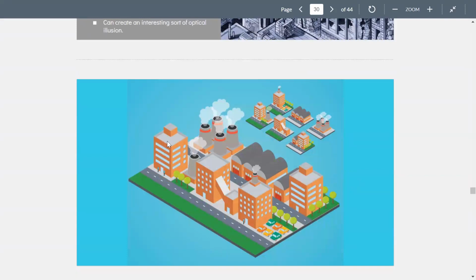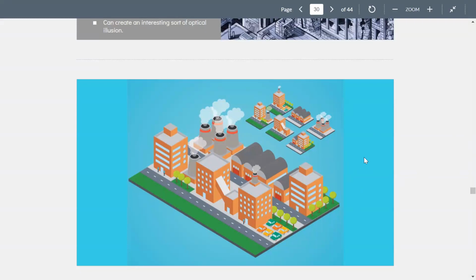See here also, in perspective, if you are just standing here, these lines will be vanishing somewhere here. It's like two point perspective, but this one is called isometric projection. So all these lines are parallel to each other.